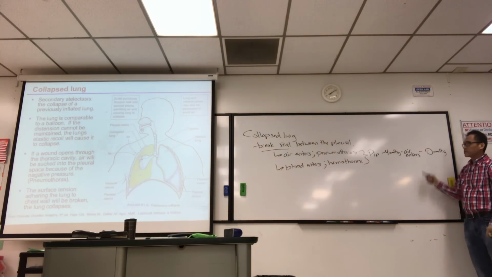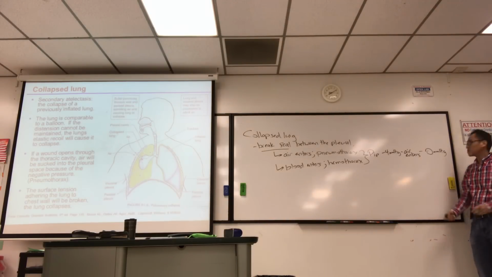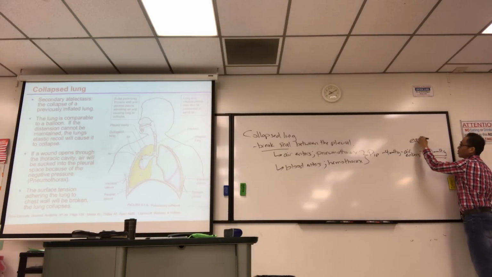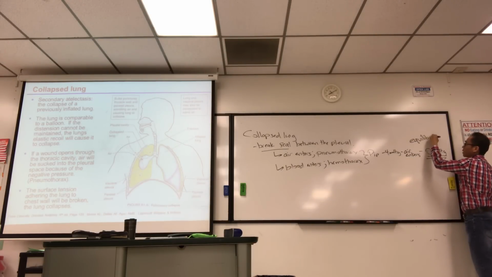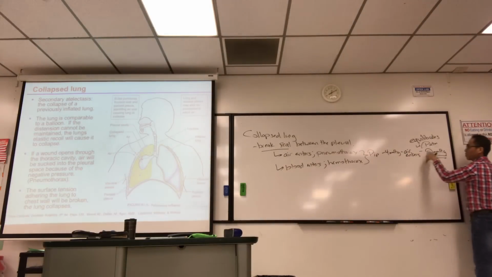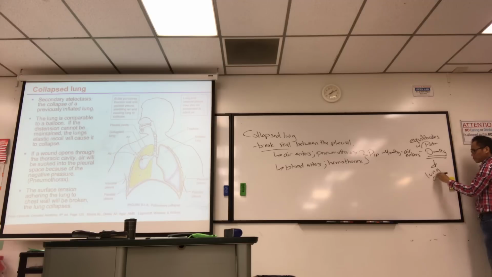If it equilibrates, there's nothing keeping the lung wall stuck to the chest wall anymore, and the lung completely collapses when it equilibrates. Equilibrates with PATM, which is always 0. Okay, when the PIP equilibrates with the pressure of the atmosphere, then the lung collapses.